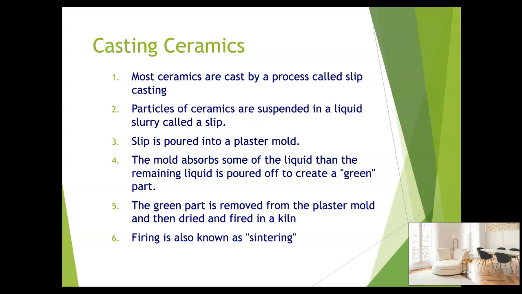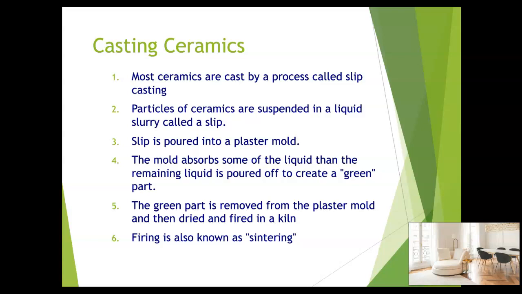That slurry is what we call a slip, and you pour the slip into a plaster mold. As you let that sit, the mold absorbs some of the liquid, and then you pour out the remaining liquid after a certain amount of time. That gives us what we call a green part.